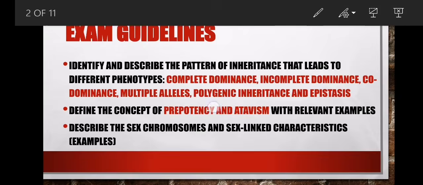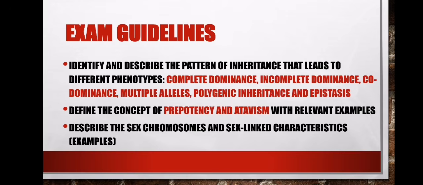Let's quickly look at what we are supposed to check when we deal with this part. It's simple. Here you must be able to define the terms. When you define the terms, you must also be able to identify a pattern of inheritance if you are given an example in a scenario.